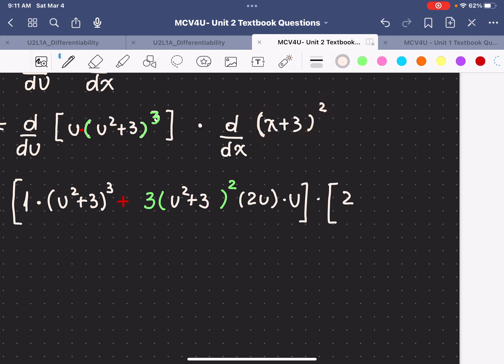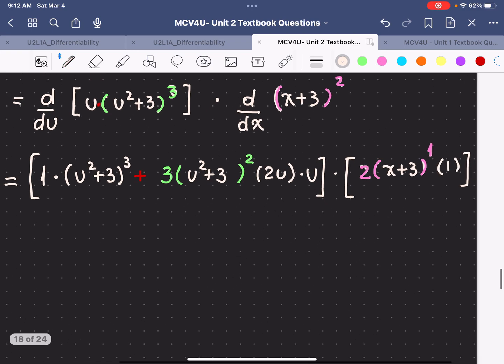So that means 2, and then (x plus 3) to the power of 1 less than 2, which is power of 1. Let's make this a little bit more obvious. There is an outside function here as well, but as you can see, the inside function is a function on its own, but the rate of change will be just 1 because the derivative of x plus 3 is 1.